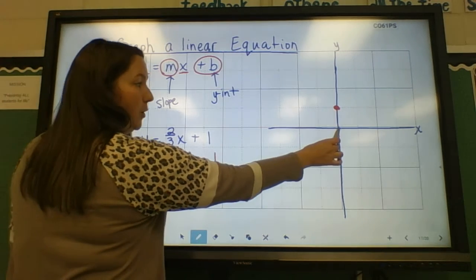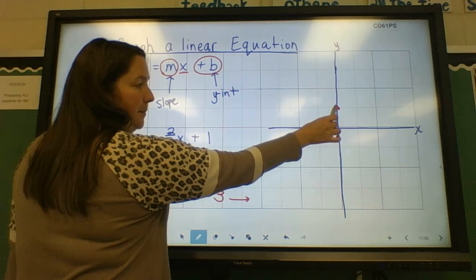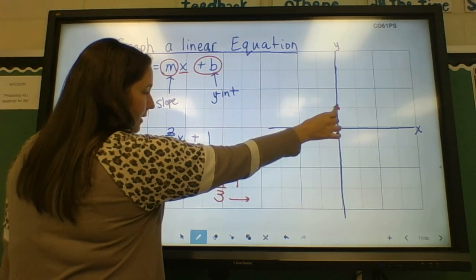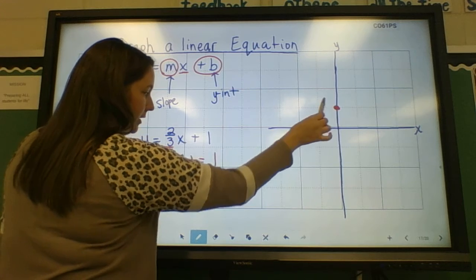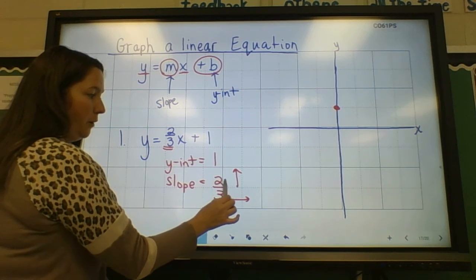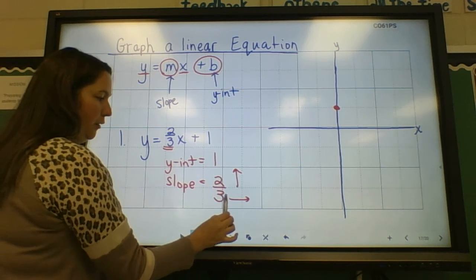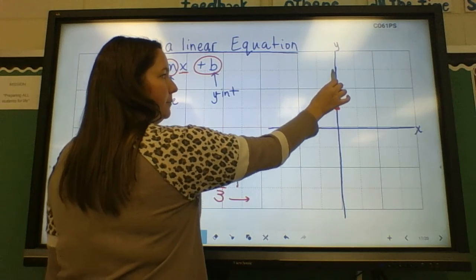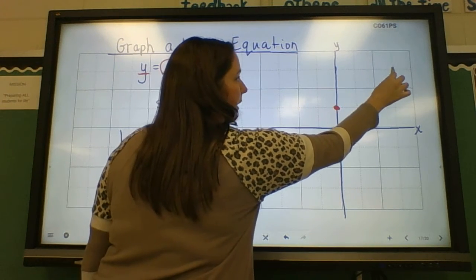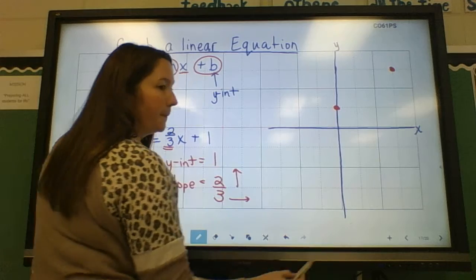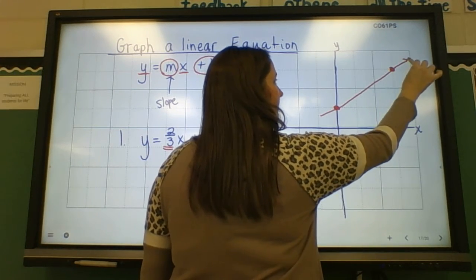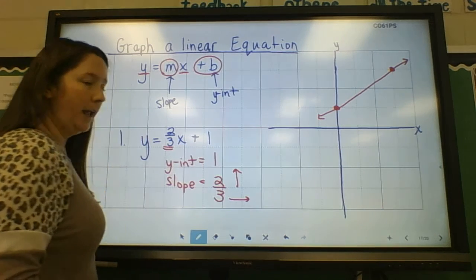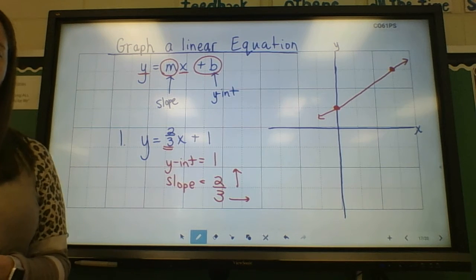Do we start from the origin or do we start from the point that we drew on the y-intercept? The y-intercept is where we start. So we count our ratio, up 2 over 3. And then we connect and draw our line.